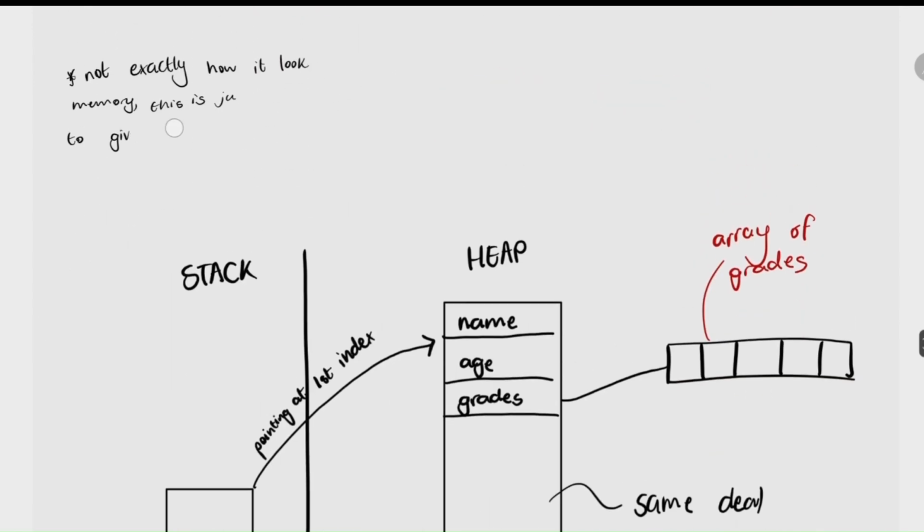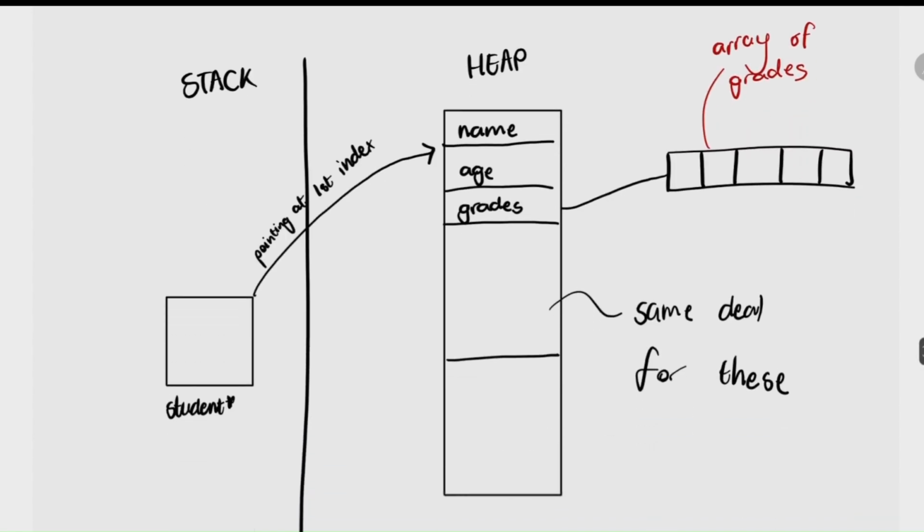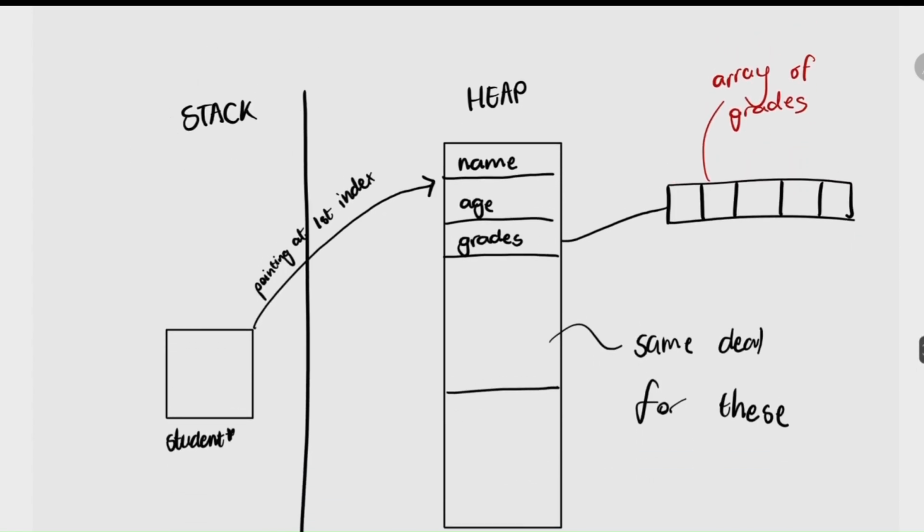So here we have in the stack the same. We have the pointer student pointing at the first index in the dynamic array, and then we have the attributes of the struct student, and then the grades here are pointing to this static array.